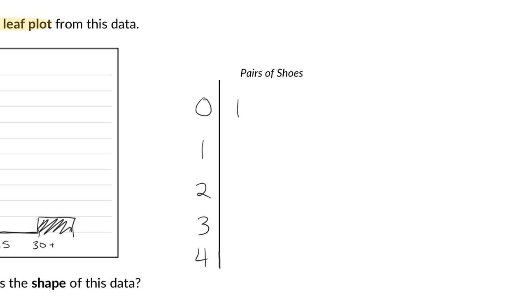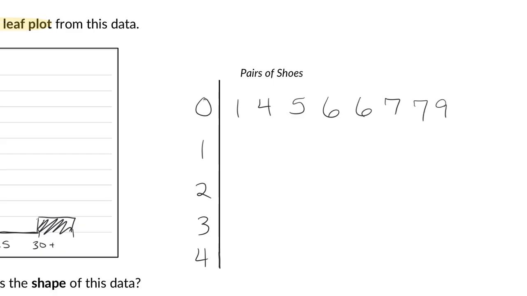What's the next smallest number on my list? 4. So we would put a 4 right here. Our next smallest number is 5, and then 6, and then 6, and then 7. Did I miss one? And then, oh, there's another 7.